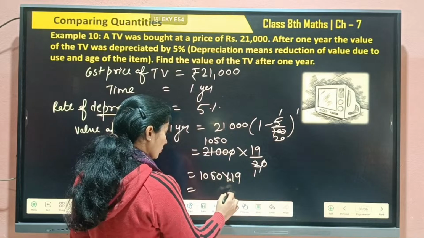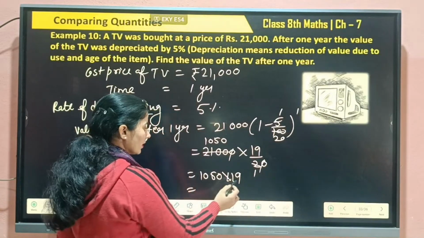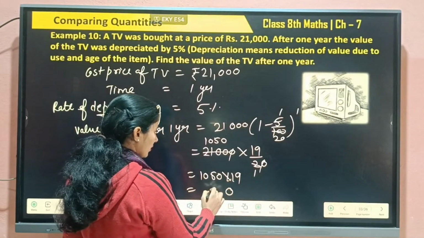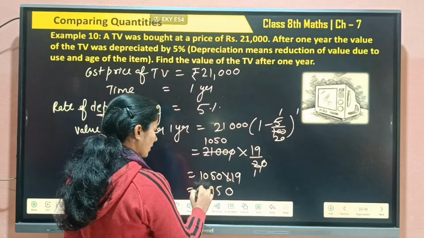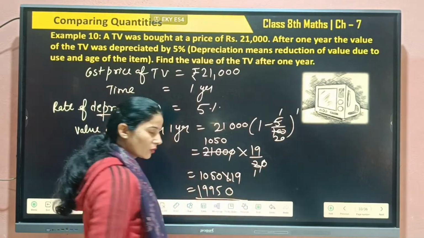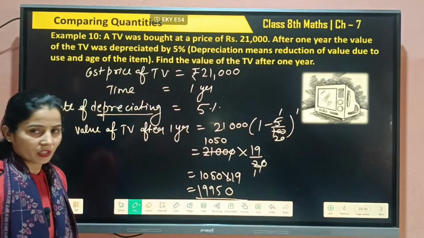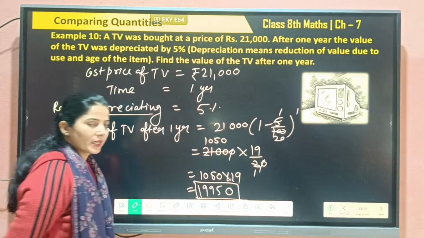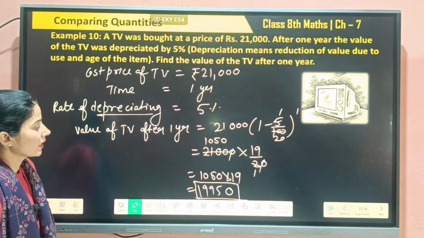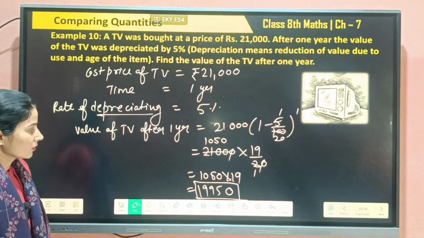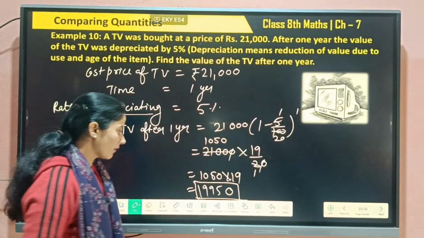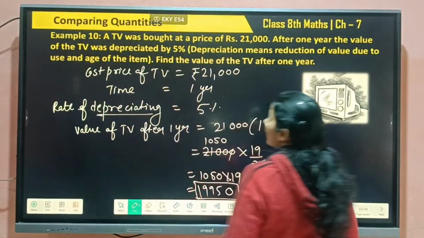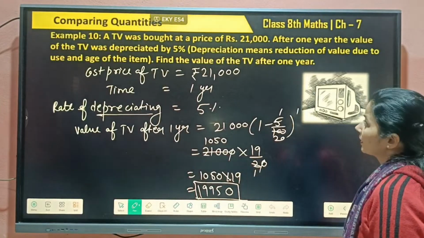Answer will be 19,950. So what will be the cost after 1 year? It will be 19,950. This is the depreciated cost after 1 year. Example number 10 is completed.